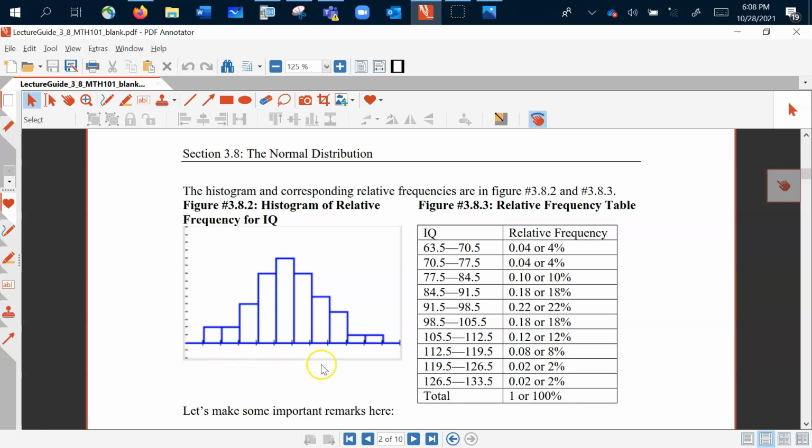Now I don't have any units on this, but the horizontal units would be IQ. And then for each of these tick marks, I would put one of the class boundaries, 63.5, 70.5, etc., until I finished out with 126.5 and 133.5.